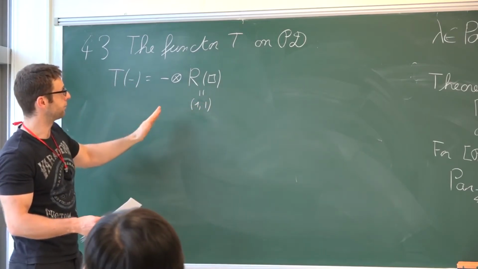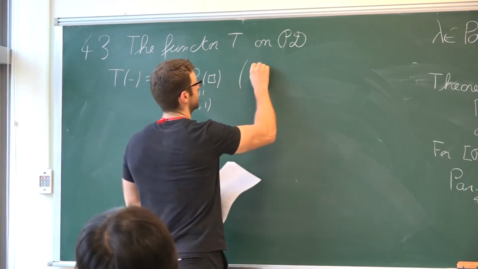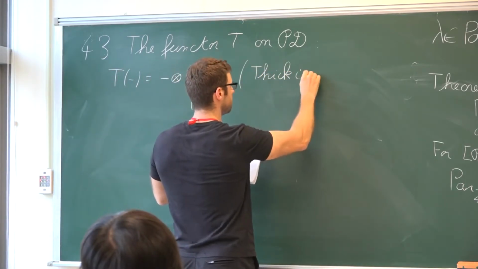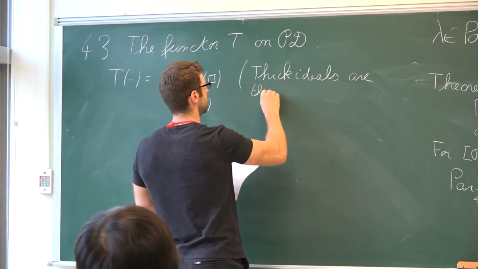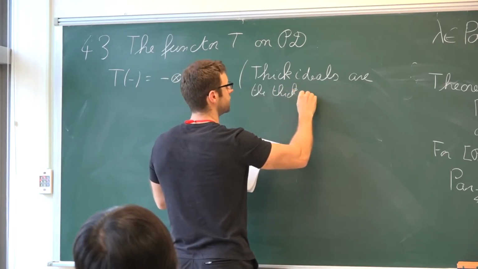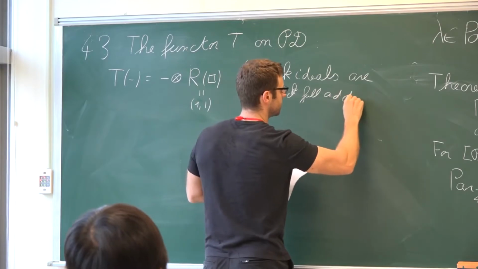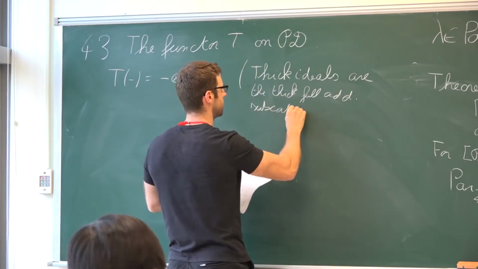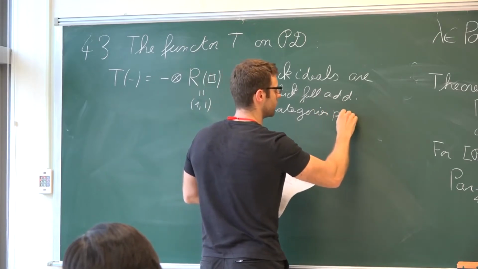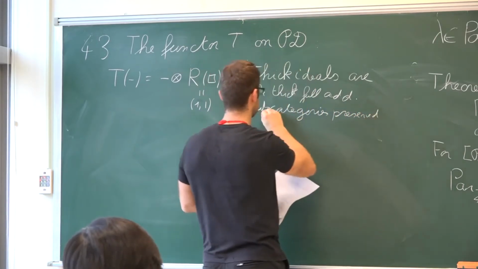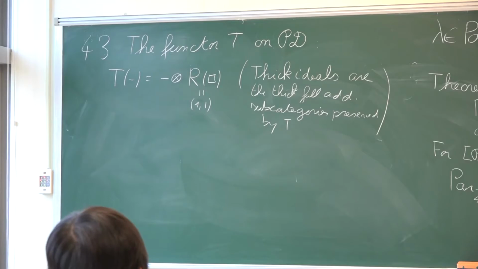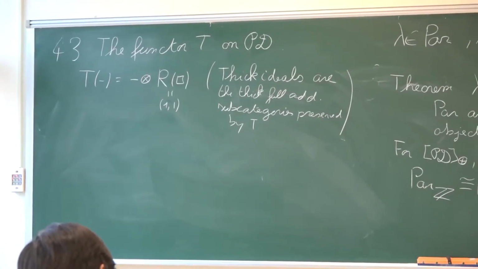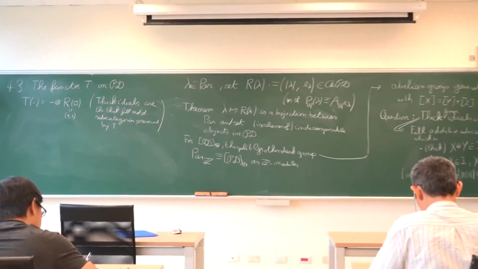So, in other words, the thick ideals are just the thick, full additive subcategories preserved by T. So that just means the second condition here, that x times y needs to be in the ideal for any y, can be replaced by just using that particular object instead of arbitrary y.